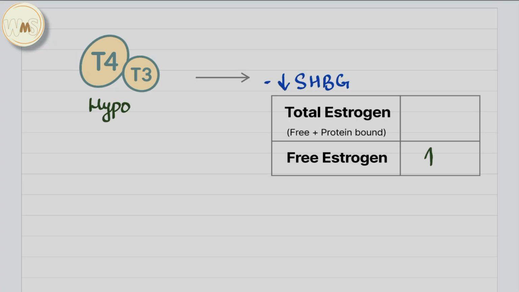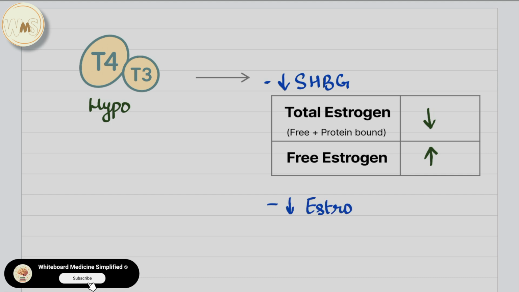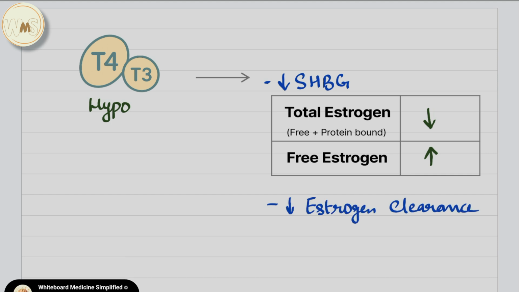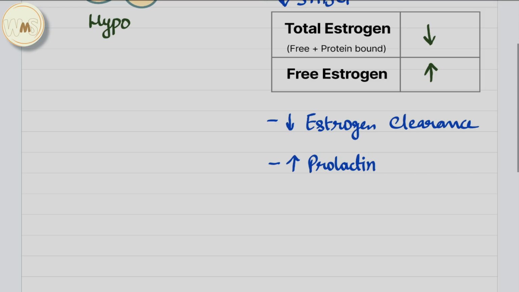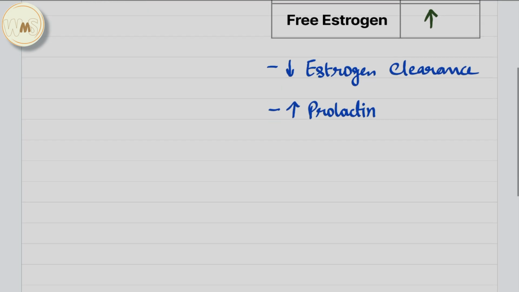And in hypothyroidism, there is decreased sex hormone binding globulin, resulting in increased free fraction of estrogen despite low total estradiol levels. Decreased estrogen clearance also increases estrogen levels, and there are increased prolactin levels, which cause decreased GnRH, LH and FSH levels.